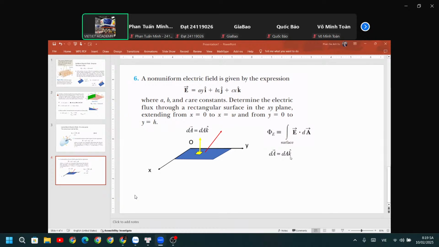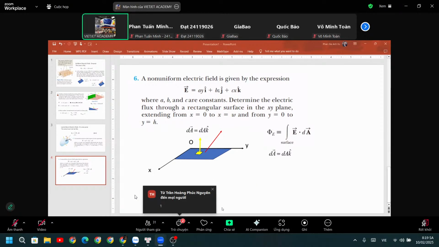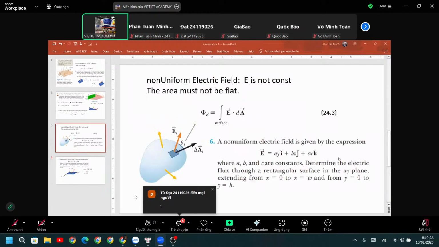And K is the unit vector of the z-axis. Okay? Yeah. But another people, hello. Do you agree with me? Type number one, please. Yes, I see here some.